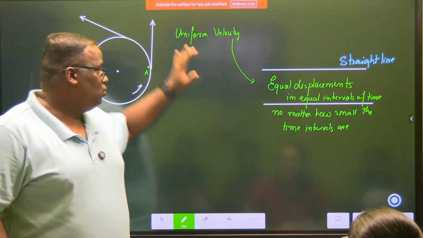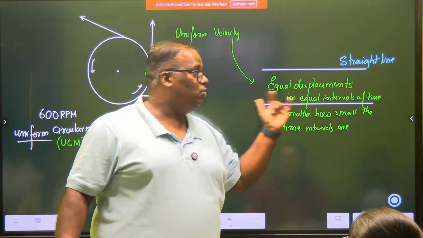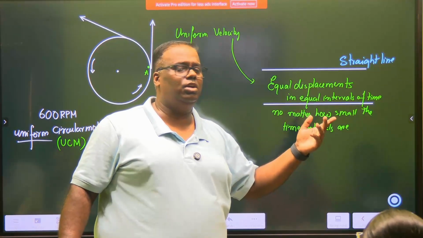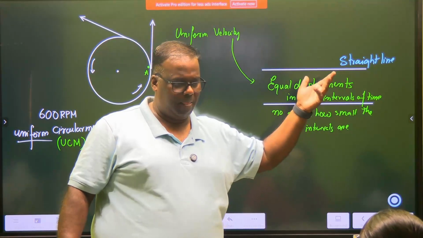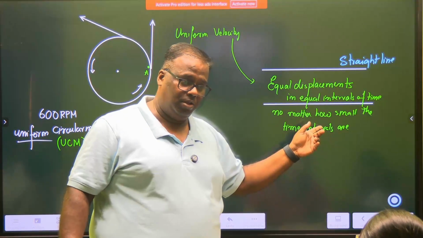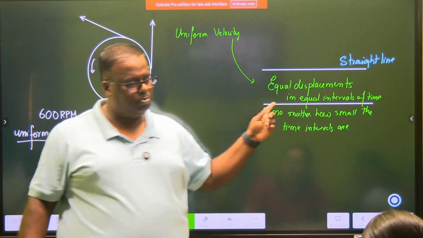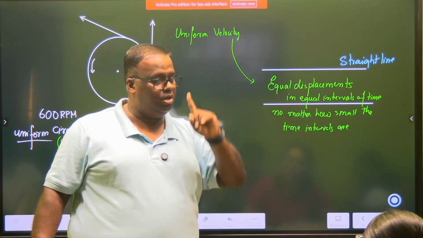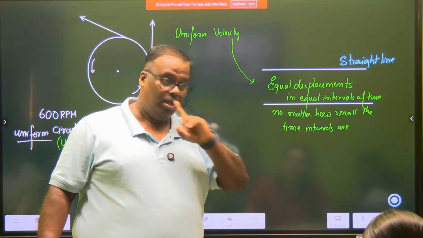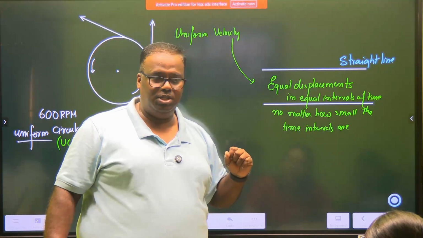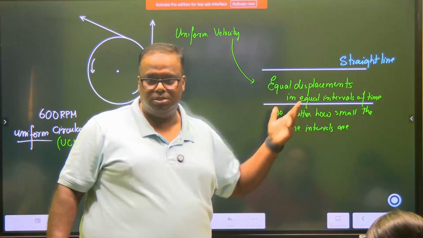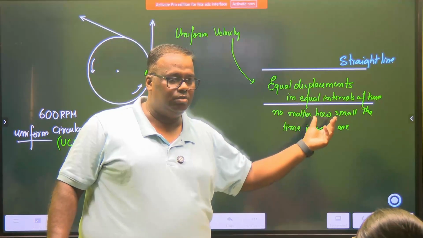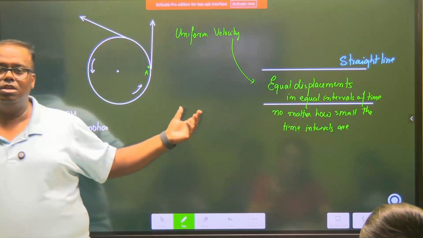So if you are moving on a straight line and covering equal displacements in equal intervals of time, say in 1 hour you cover 50 kilometers, in half an hour 25 kilometers, in 15 minutes 12.5 kilometers, in 7.5 minutes 6.25 kilometers. He is covering equal distances in equal intervals of time, so his velocity is uniform.